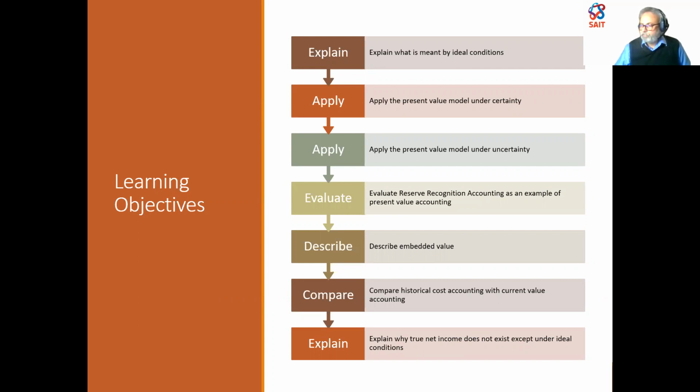We will wrap up with a discussion of comparison of historical cost accounting with current value accounting, fair value, if you will, and wrap up with a discussion of how true net income does not exist except when ideal conditions apply. And ideal conditions, by definition, don't really exist. So the notion of a true net income is a chimera for most of us.